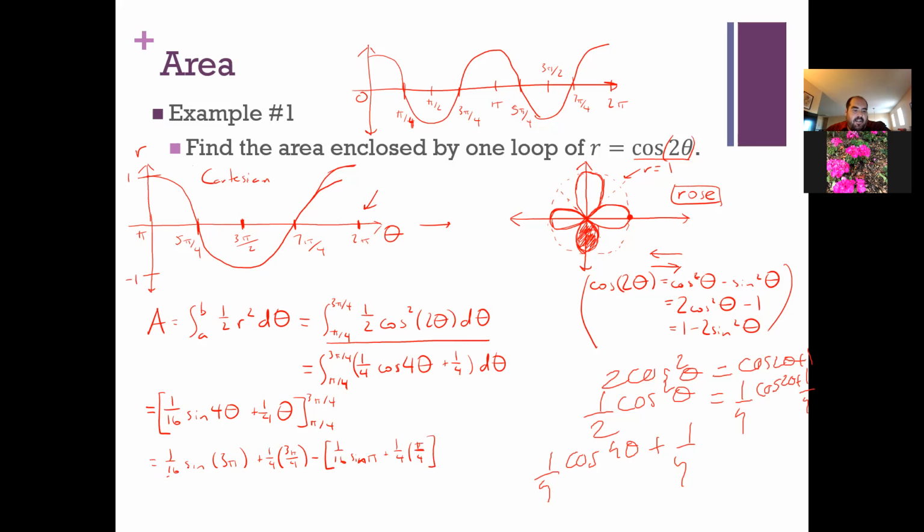And really both sine terms go to 0. So we're just left with 1/4 times 3 pi over 4 minus pi over 4, which should come out to pi over 8.